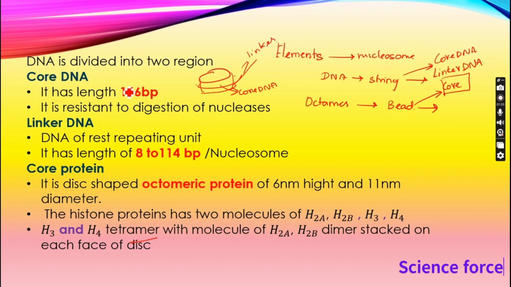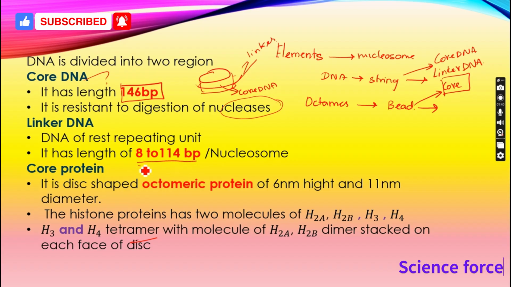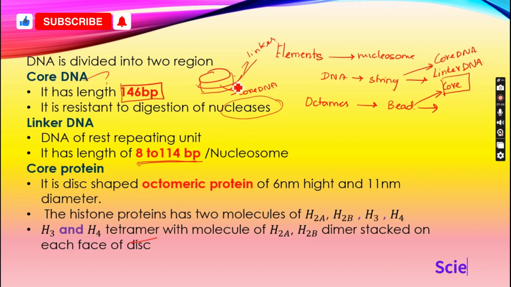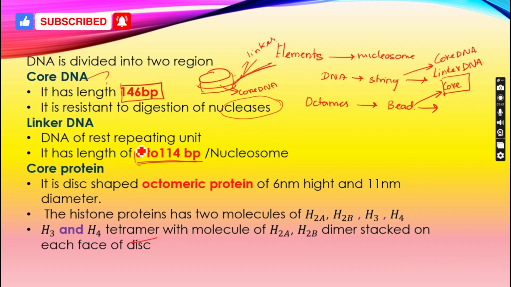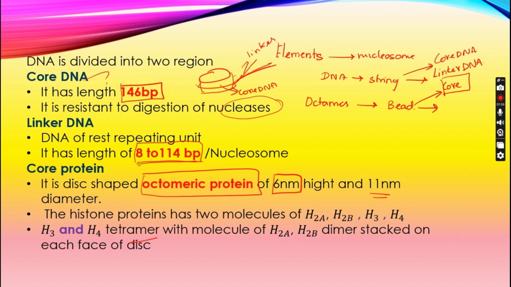The core DNA consists of 146 base pairs of DNA, which can be digested by the nuclease. A linker DNA is 8 to 114 base pairs per nucleosome. A core protein, as we said already, is an octamer protein which is 6 nm in height and 11 nm in diameter.